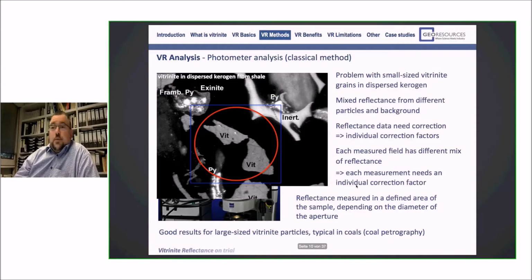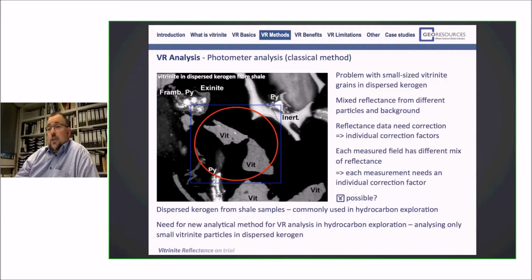But if you go back to the dispersed kerogen, the picture that I showed you before, you have the same measuring field here. We have relatively small vitrinite particles. And if you now measure the reflectance of this whole field here, we get a mixed reflectance from different particles, like the vitrinite particles, a bit of inertinite, a bit of pyrite, and the dark background.